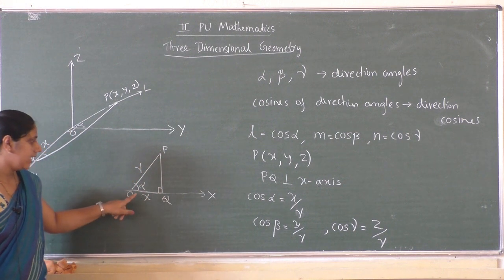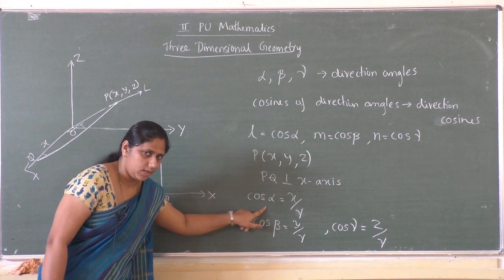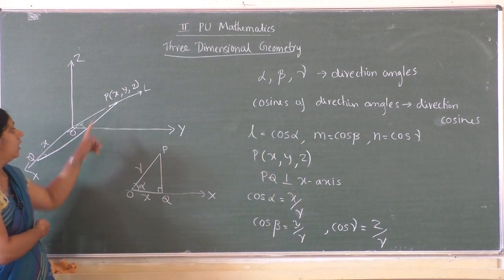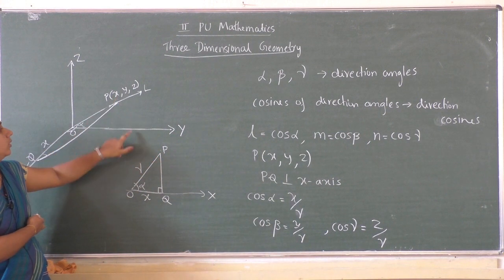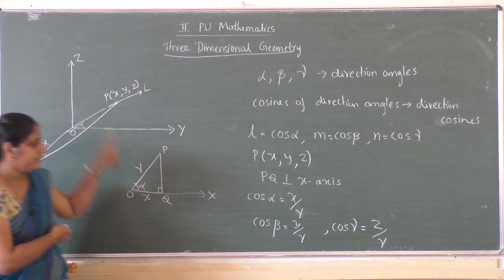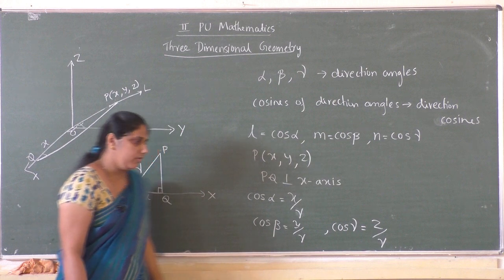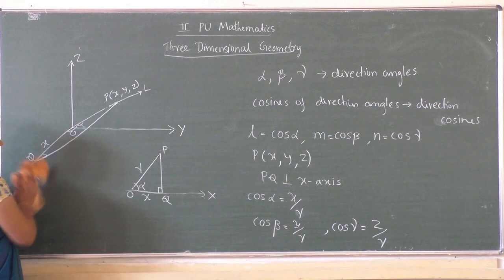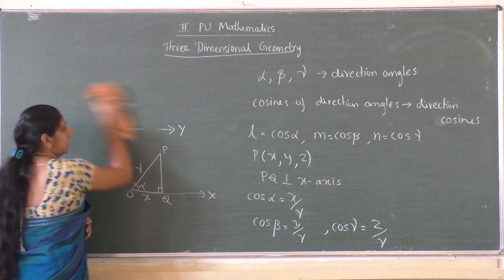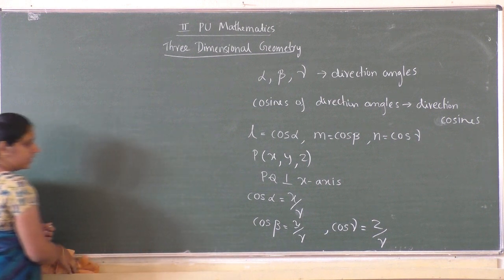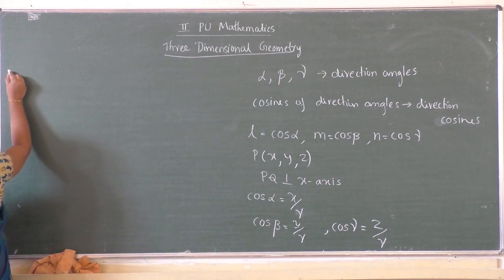From it we can find the value of cos alpha. Similarly, if we draw perpendiculars from the point to the y-axis and z-axis, we get the cos beta value as well as the cos gamma value.